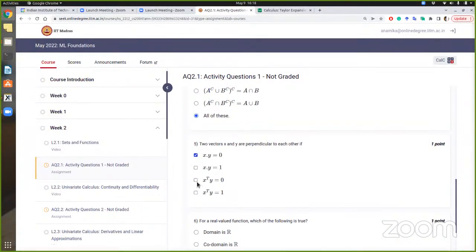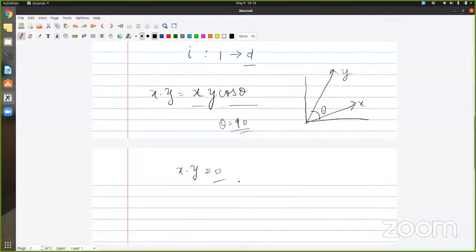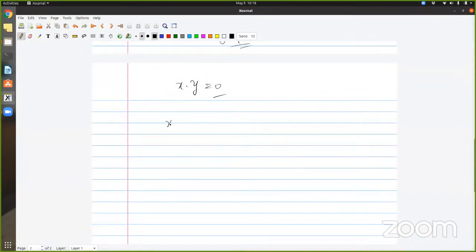And if you see x transpose y, what is that? That's just an alternate representation. If x is a column matrix, then we transform it into a row matrix, and so we can multiply the x and y matrices. That's why we take a transpose. So if you have to multiply x and y, you take the transpose of the first vector.